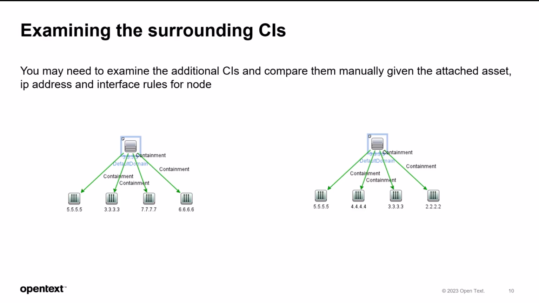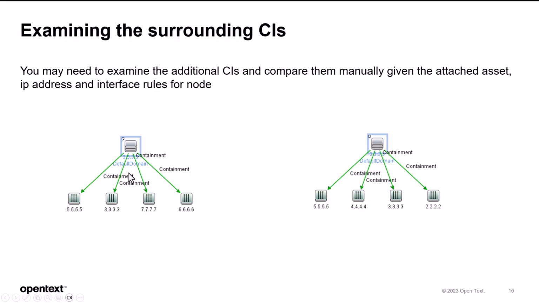Because we have an attached asset CI that we need to look at, an attached IP address that we need to look at, and the interface rules for the node, okay? Now, the names of all of these IP addresses is the IP address itself, and the routing domain is default domain for all of them.